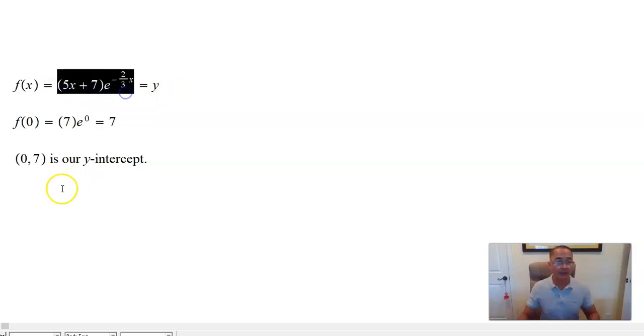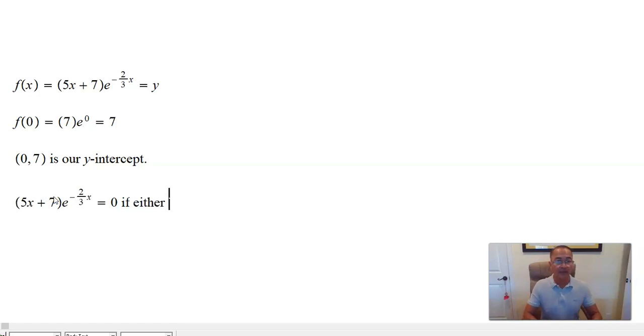Okay, so this equals 0 if either 5x plus 7 equals 0 or e to the minus 2/3 x equals 0. Okay, can 5x plus 7 be equal to 0? Sure, x is minus 7 over 5. Okay, so x equals minus 7 over 5 is one possibility.